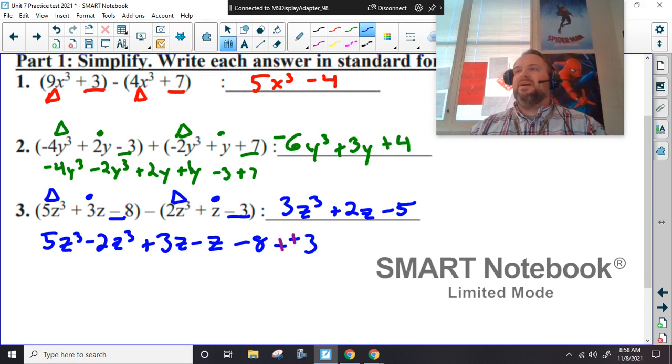So now, are we good on part one, numbers 1 through 3? So, yep. This is not the box method. As long as you know if you're adding and subtracting and not multiplying.